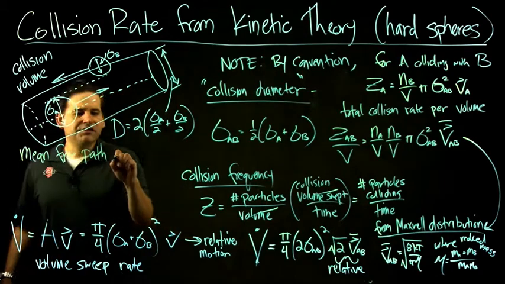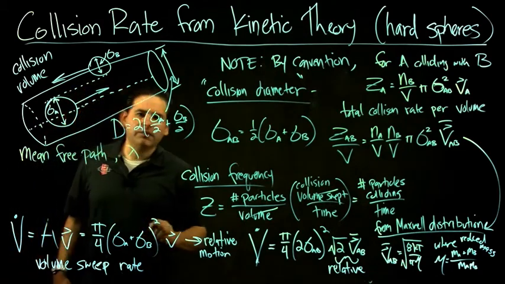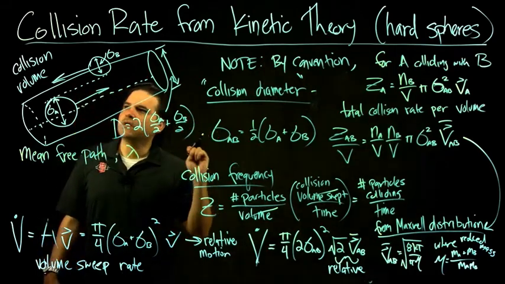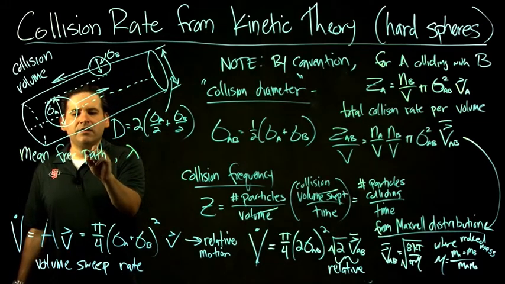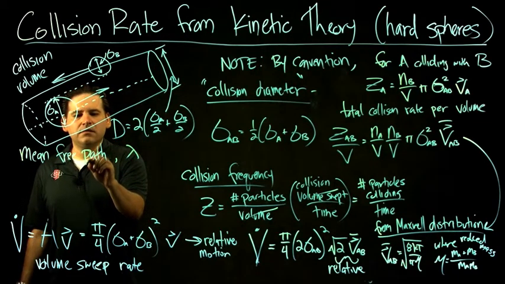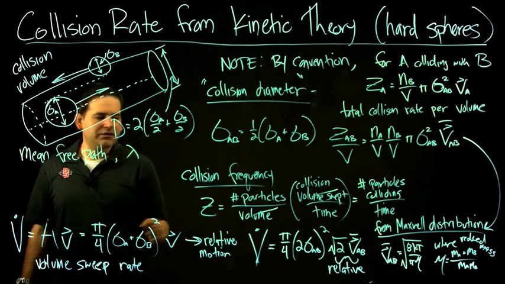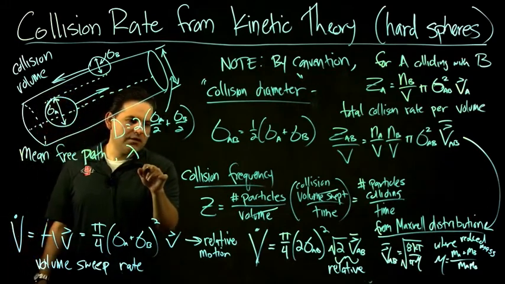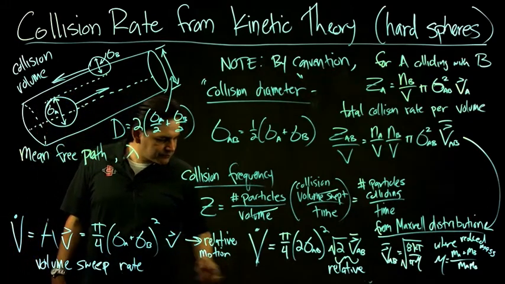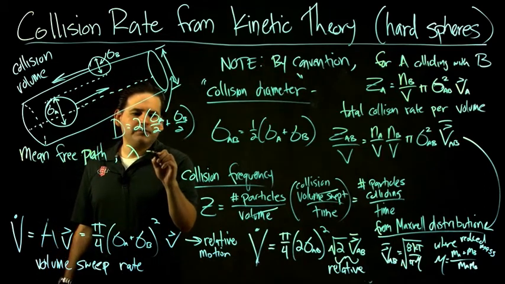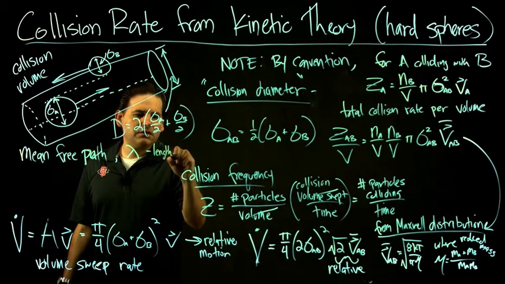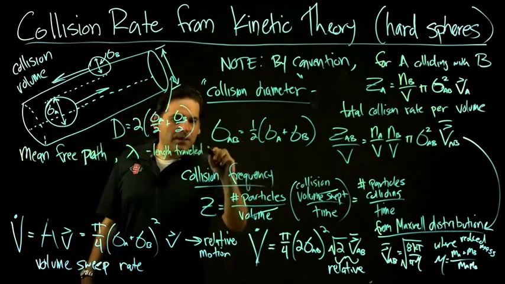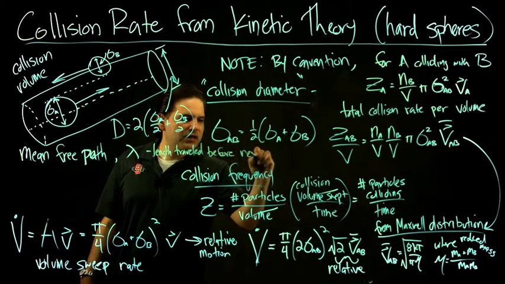It's what a lot of physics is determined by, or the parameter that tells you which regime you are in is related to the collisions, and the way that it's quantified is in terms of the mean free path. And what it is, it's the length traveled before next collision.